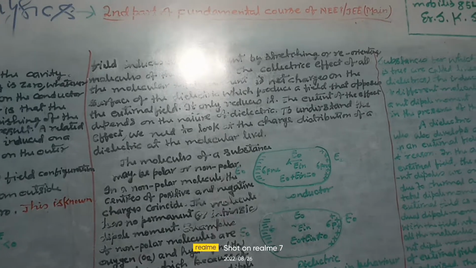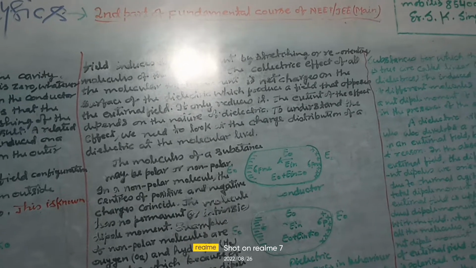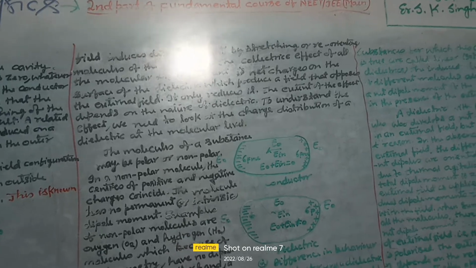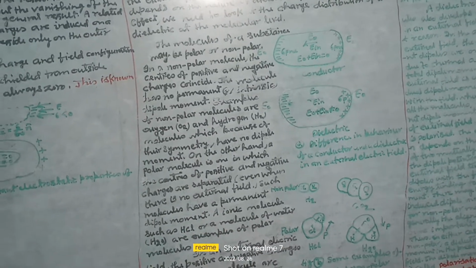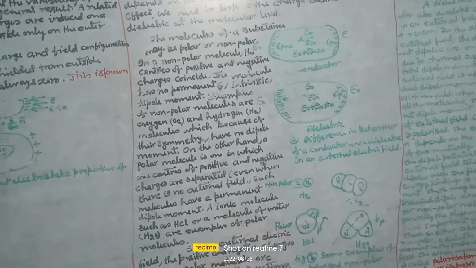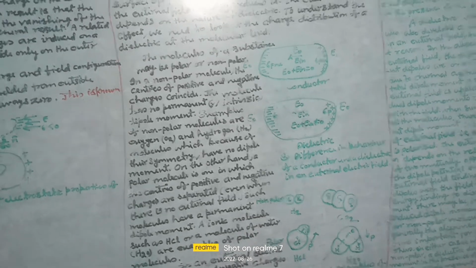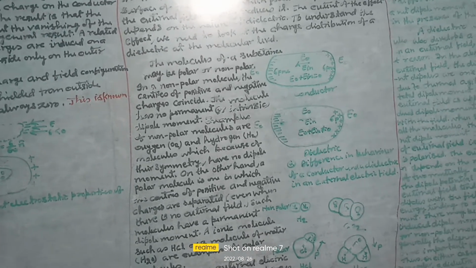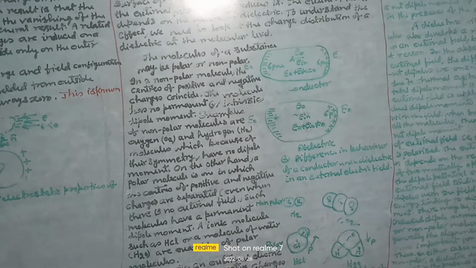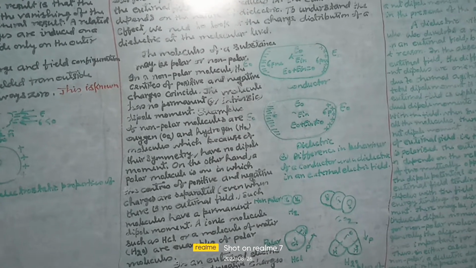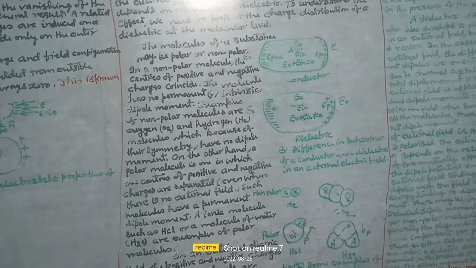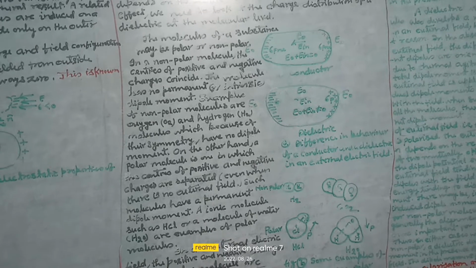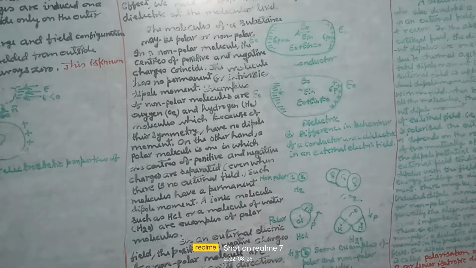To understand the effect, we need to look at the charge distribution of a dielectric at the molecular level. The molecules of a substance may be polar or non-polar, as shown in the figure. In a non-polar molecule, the centers of positive and negative charges coincide, so the molecule has no permanent or intrinsic dipole moment.